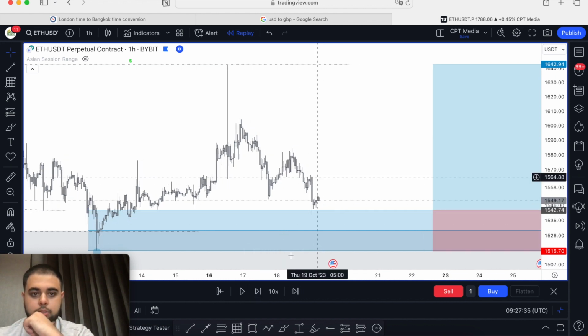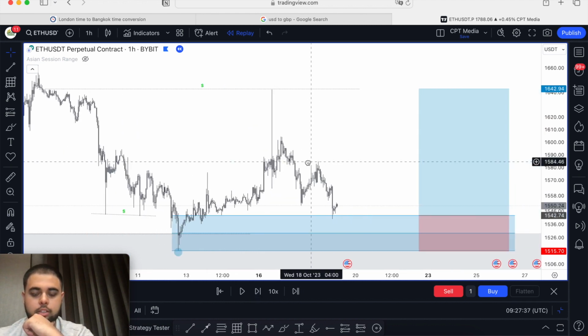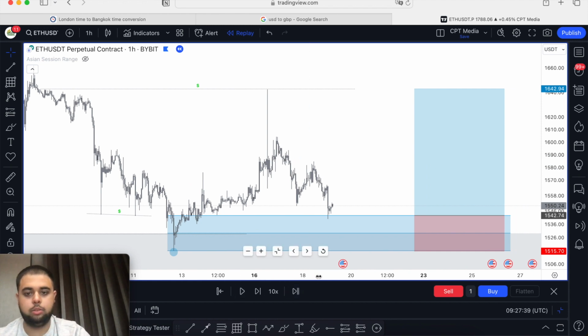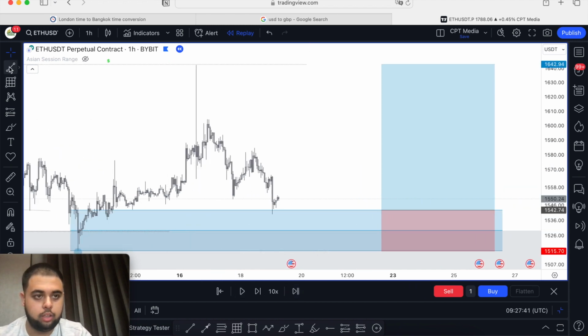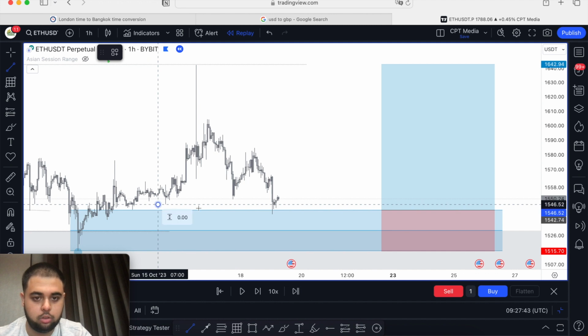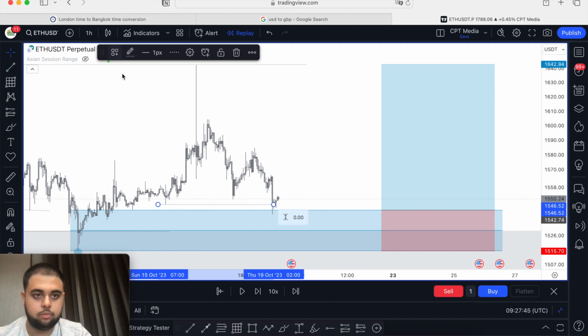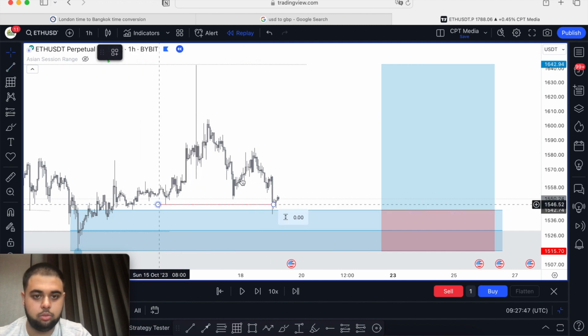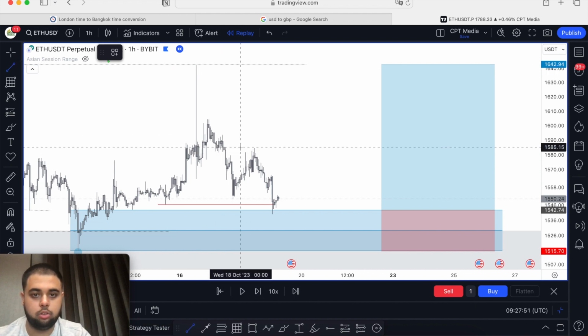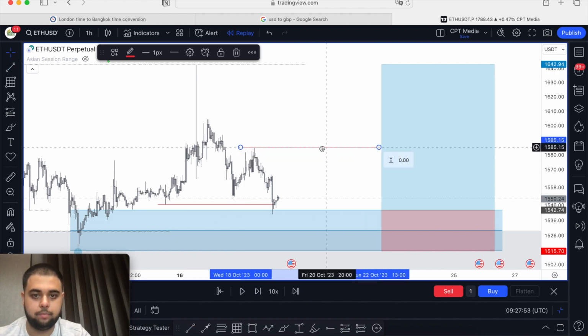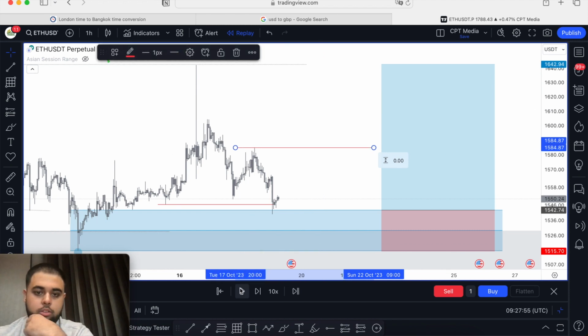So price comes into our level again. No entry taken at this level, because I want to see what price is doing. But if we look here, we've basically swept all these lows. We've taken out all these lows, right? Now, in order for me to be interested in longs, we need to take out this high. Okay? So let's see what price does.